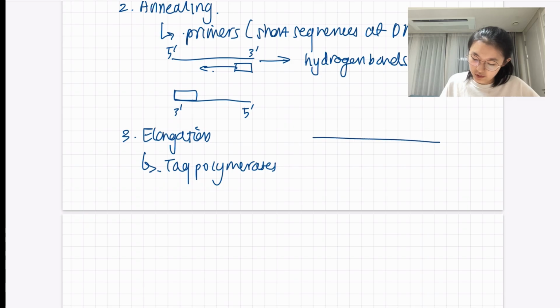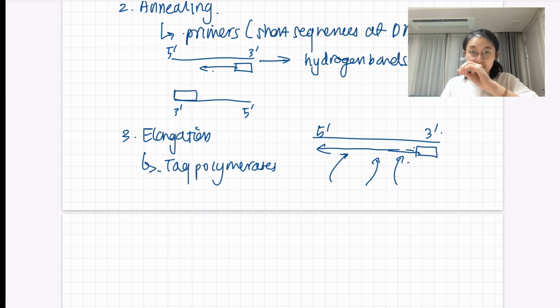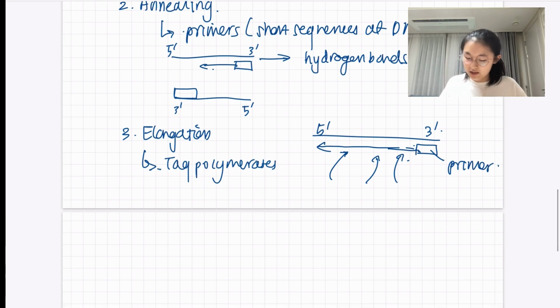So I'm just going to visually show you how this is going to look with one strand. With the help of the Taq polymerase, we're going to go in this direction. And free nucleotides are going to be assembled in this direction in order to create another complementary strand. And obviously we have our primer right here. And as you can see, because these are complementary DNA strands, we are going to have to go in this orientation.